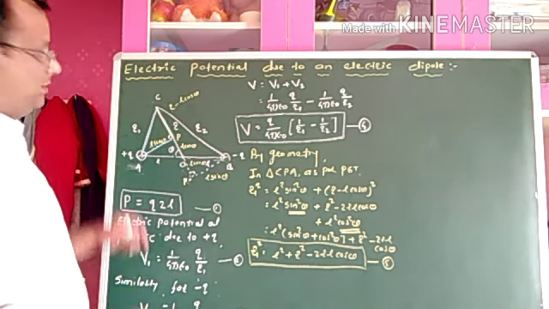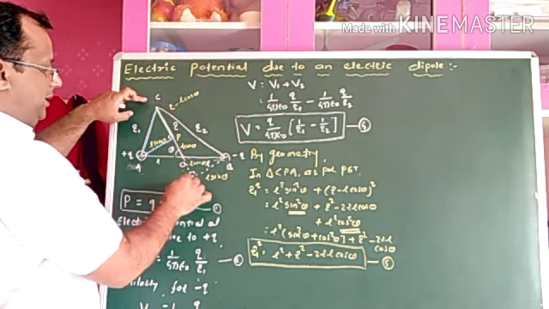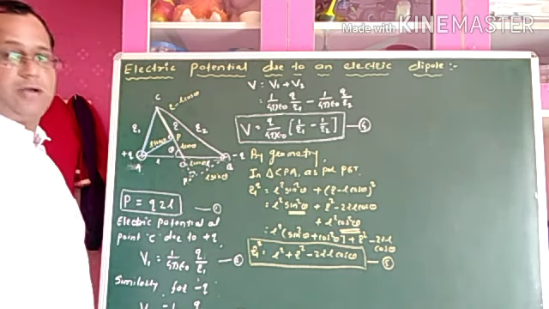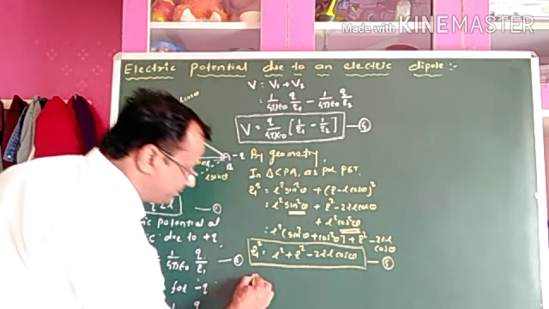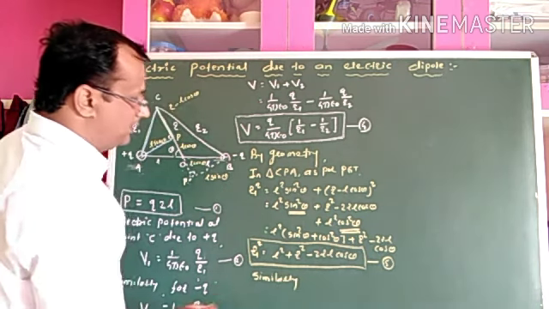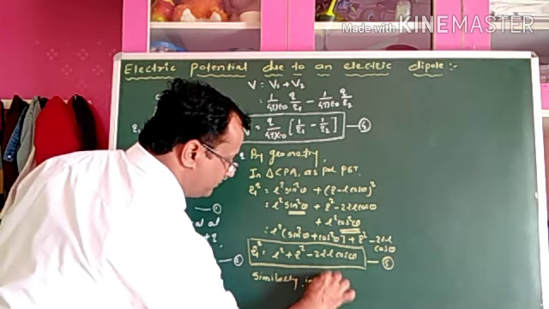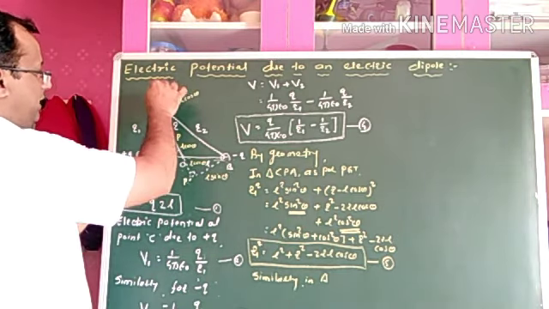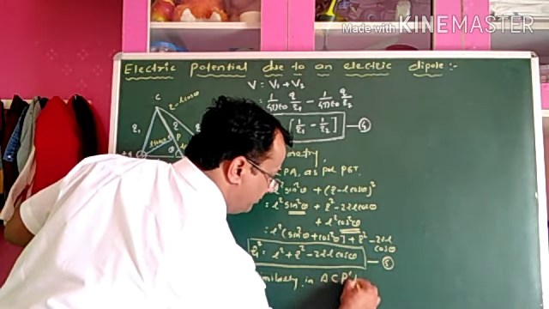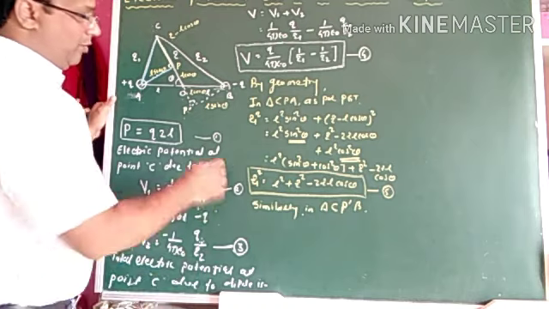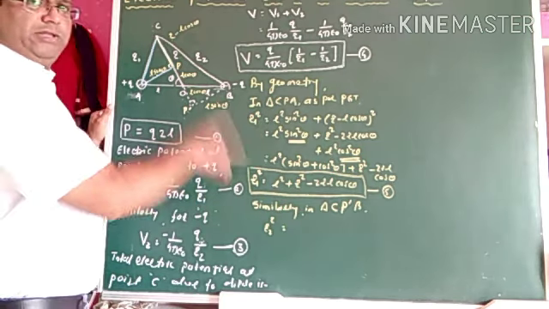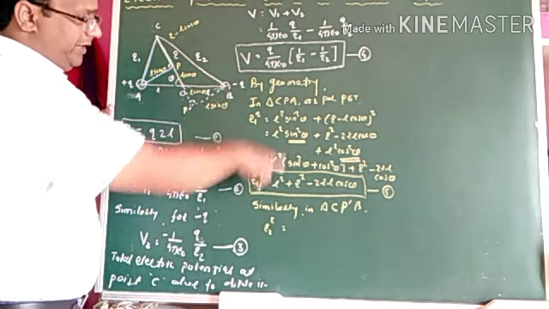Similarly, in the triangle CP dash B, we get the value of R2 square. As per the PGT, we write the final equation directly, taking the same procedure as for this one.